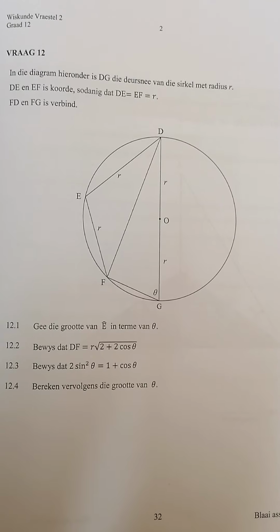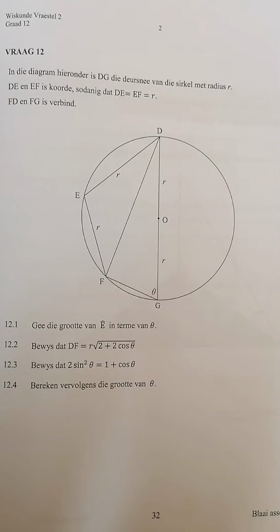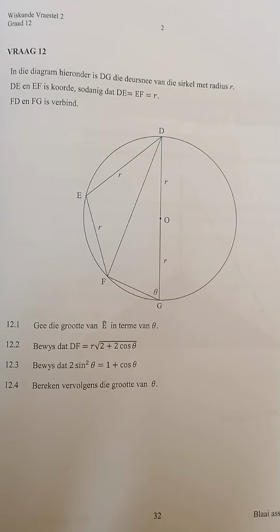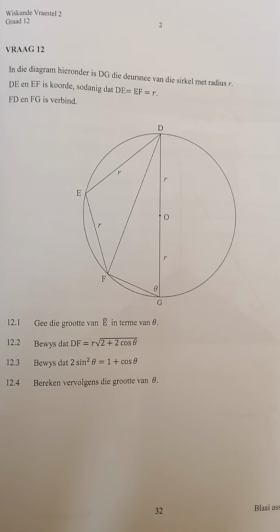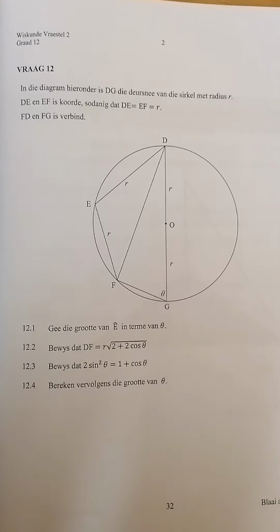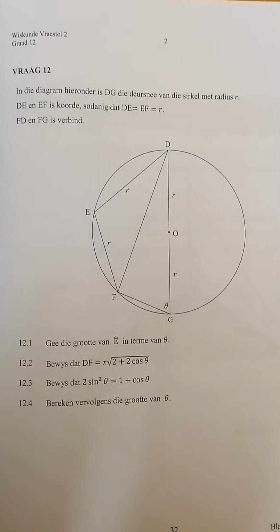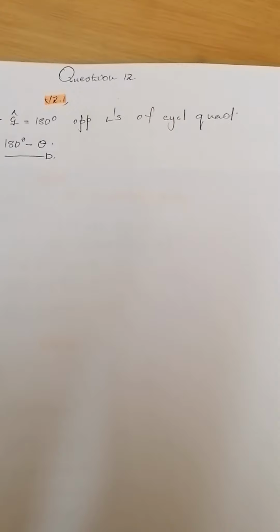Now, when they ask us for 1 mark to determine the size of angle E in terms of theta, we should use that information. If we look at my solution, I started by saying angle E plus angle G add up to 180.